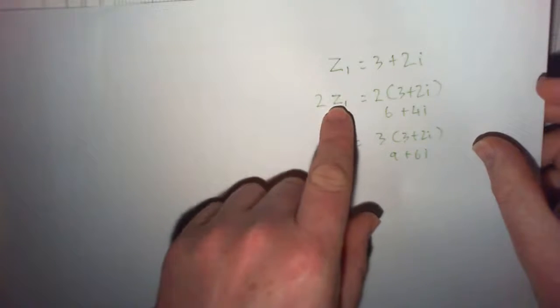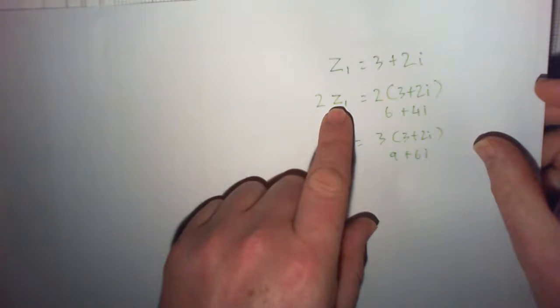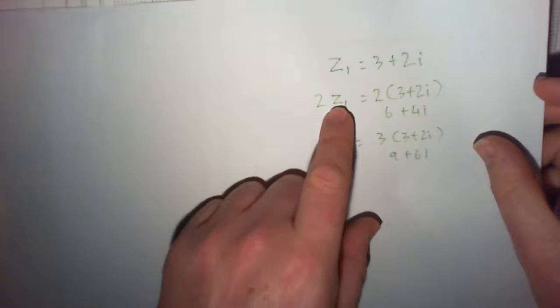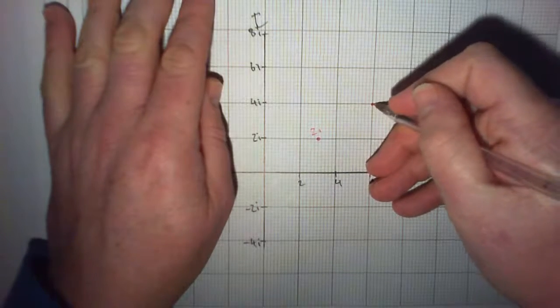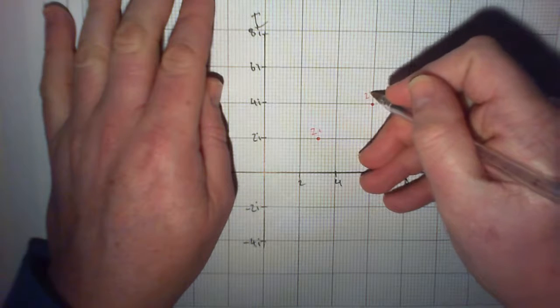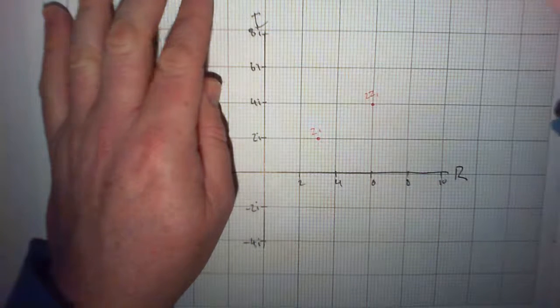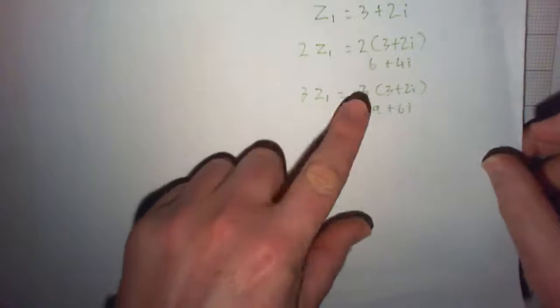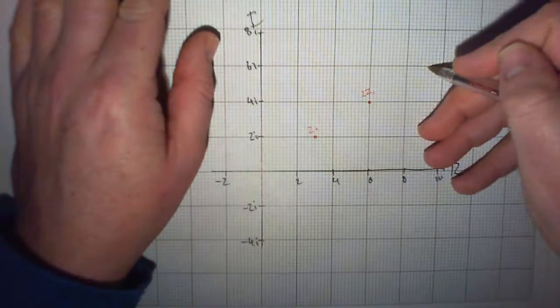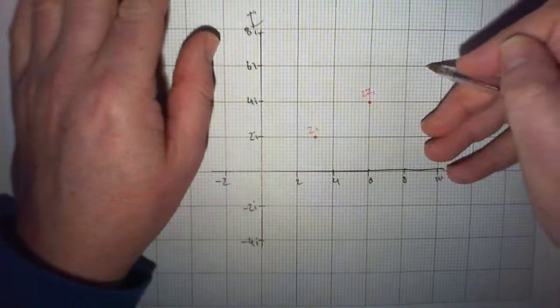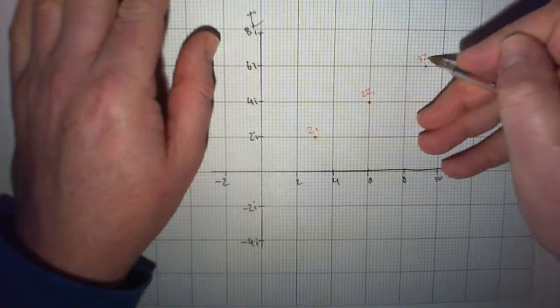Let's get Z2 up, 2 times Z1. 2 times Z1 is 6 plus 4i. There's 6 and there's 4i. So there's 2 times Z1. And now 3 times Z1 is 9 plus 6i. There's 9 plus 6i. So it's 3 times Z1.